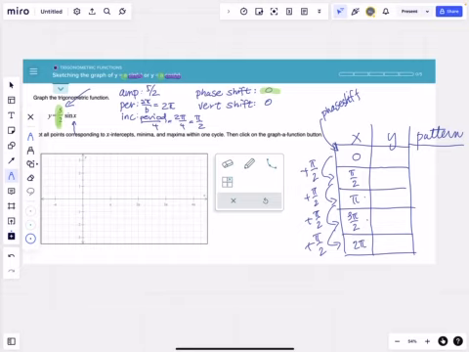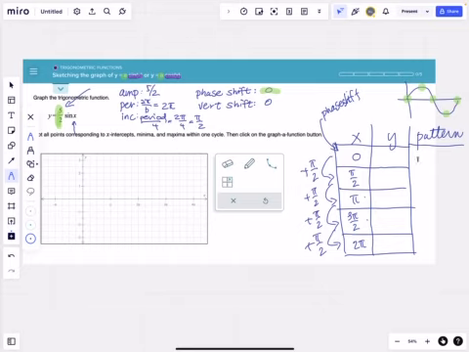We don't have a vertical shift here, so that's one less thing to worry about in this particular example. But we do want to keep in mind the pattern of a sine function. We're going to start in the middle, and then we're going to go to the maximum, and then we're going to go back to the middle, then down to the minimum, and then back to the middle. That pattern will always exist with a sine function.